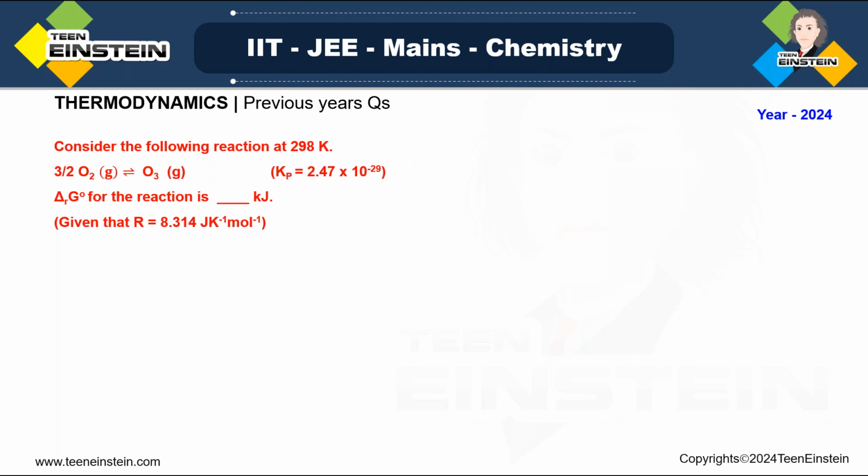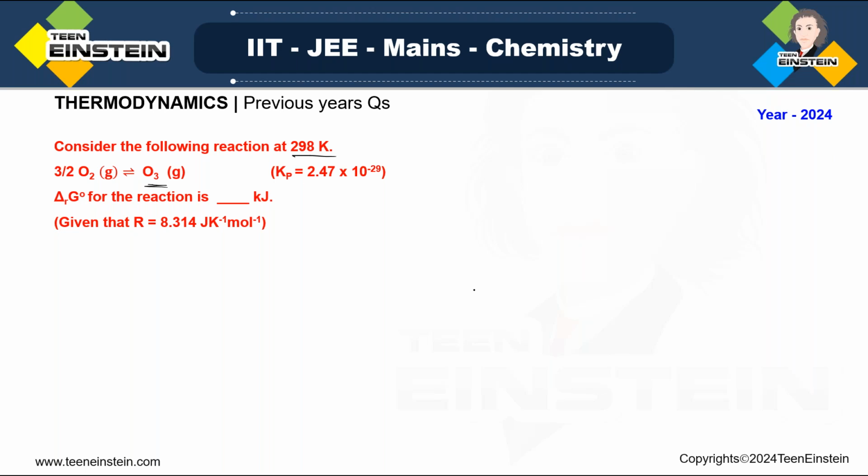The second problem is, here we have one equation where oxygen gas is in equilibrium with ozone. So 3 by 2 of O2, that means total number of oxygen atoms 3, and in the right hand also 3. So both sides the number of oxygen atoms are the same.